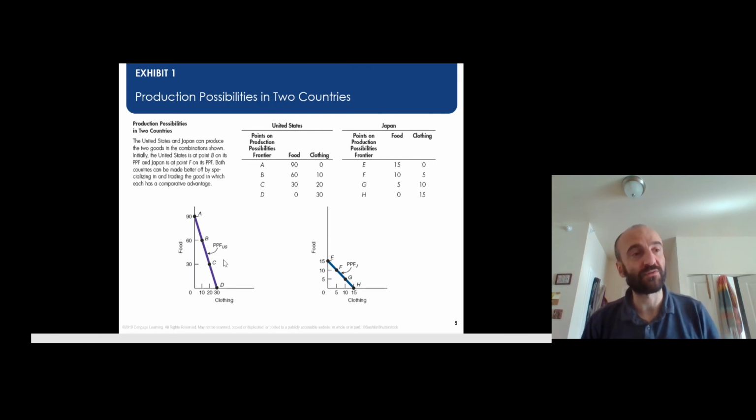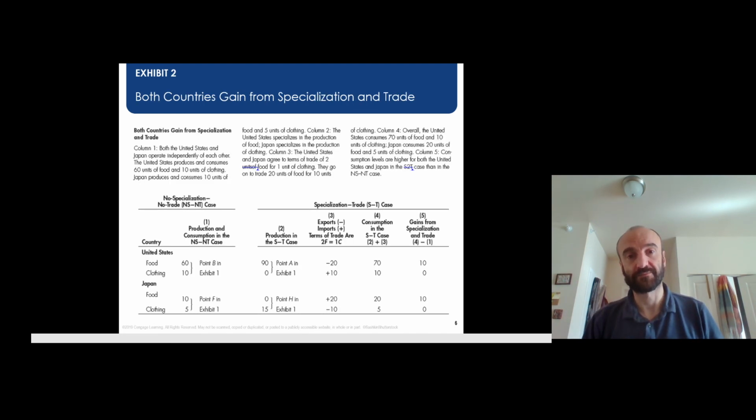So international trade is productive. Domestic production is not the only way for us to increase our consumption. Importing cheap foreign goods could be another way.